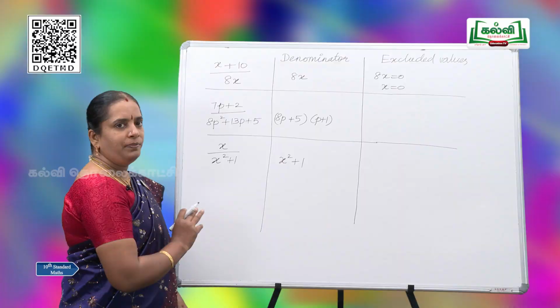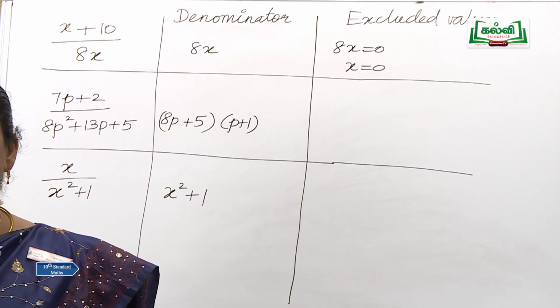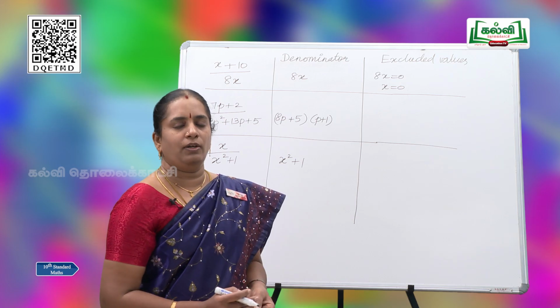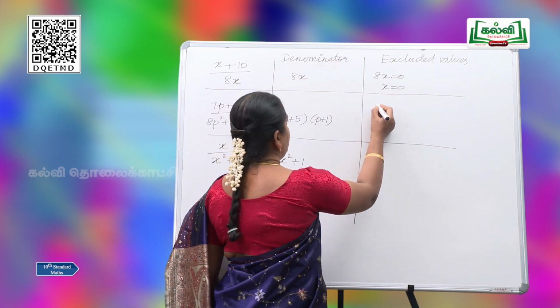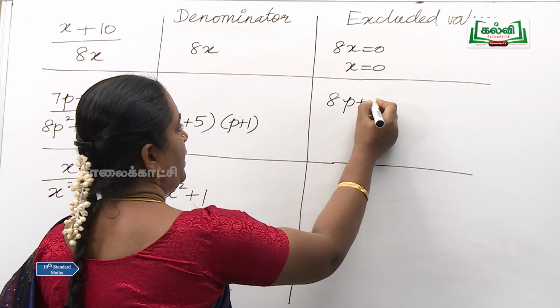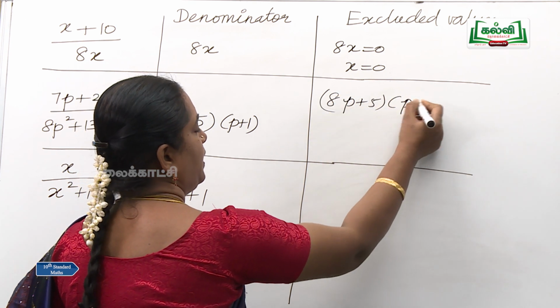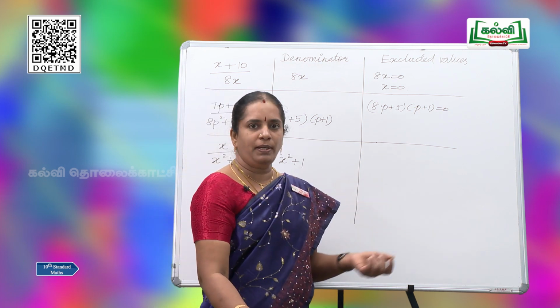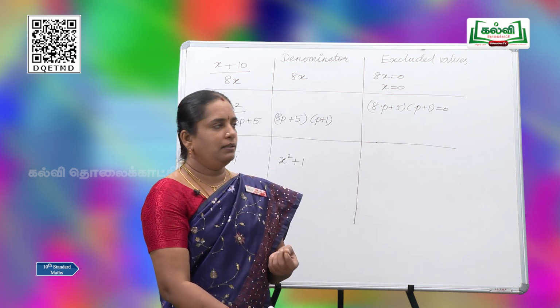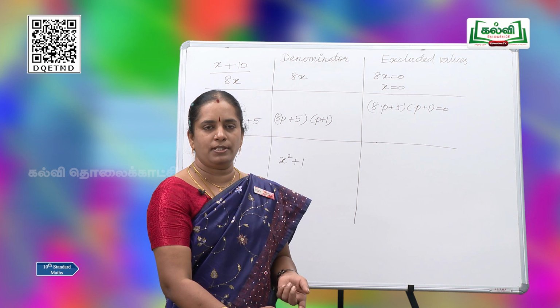And here see, we just have those two factors of the denominator and we are going to equate it to 0. So, while we equate it to 0, we get 8p plus 5 into p plus 1 is 0. That means, either 8p plus 5 is 0 or p plus 1 is equal to 0.